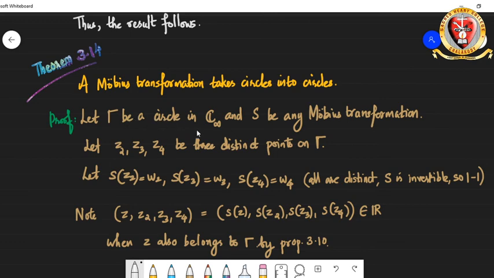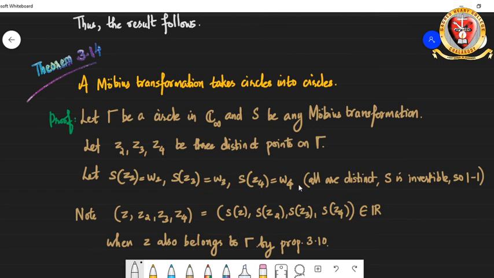Suppose gamma is a circle in the extended complex plane and S is any Mobius transformation. Let z2, z3, z4 be three distinct points on gamma. So S of z2 is equal to w2, S of z3 is equal to w3, and S of z4 is equal to w4.